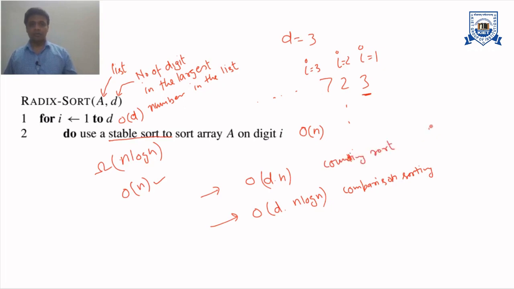Obviously for both cases it should be stable. Whatever sorting we are picking here, if it is not stable, we won't get our result. So this is a very necessary, compulsory thing. Whatever sorting we are going to perform, it must be a stable sort. So that is all about the Radix sort.